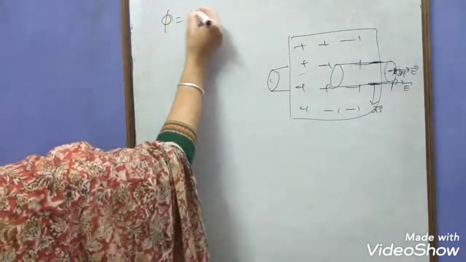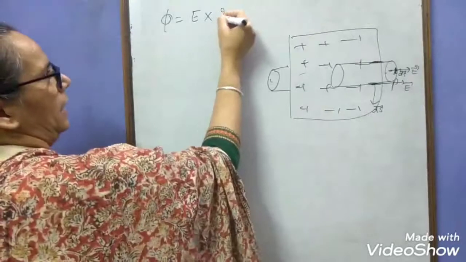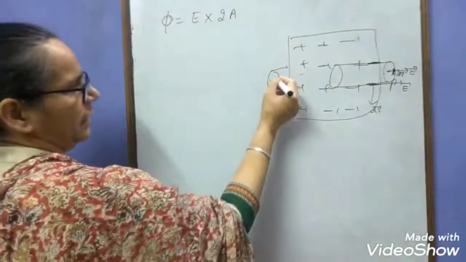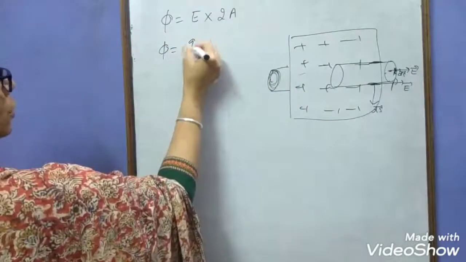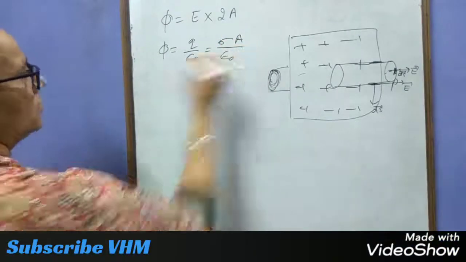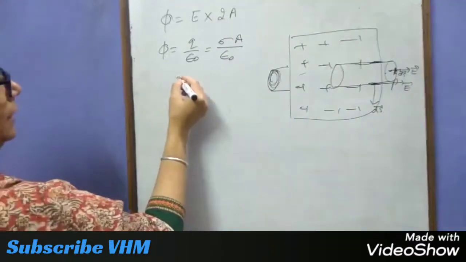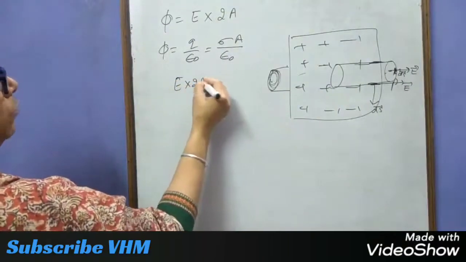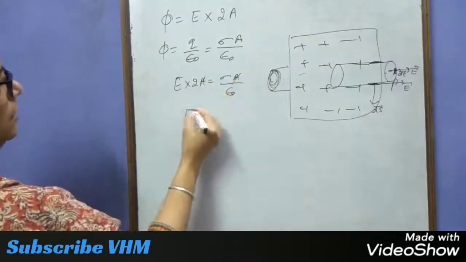Electric field into two end sides area A, if A is the area of these end sides. And according to Gauss theorem, the charge is sigma A, because this is the surface charge density. So what we write here, E into 2A equals sigma A upon epsilon naught, A cancels.